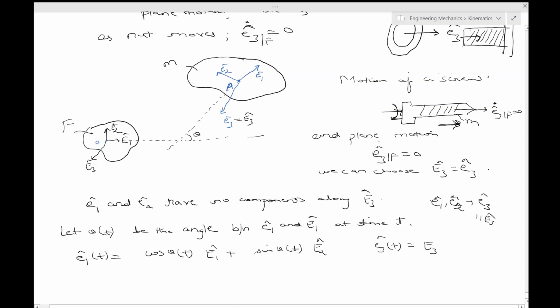If you are not sure how this is written, you can always see that E1 dot E1 hat should give you a cos theta, just because you have defined the angle in that particular way. So that will help you. Using direction cosines is another way you can go about it, but I think both of them should be okay.